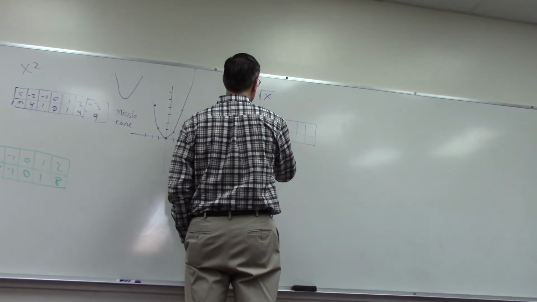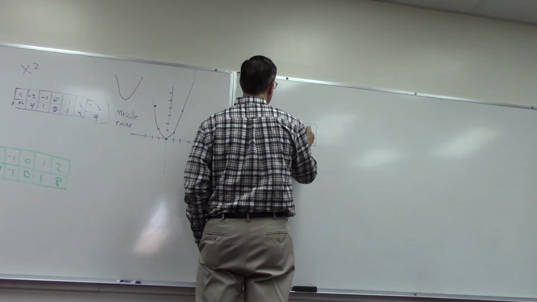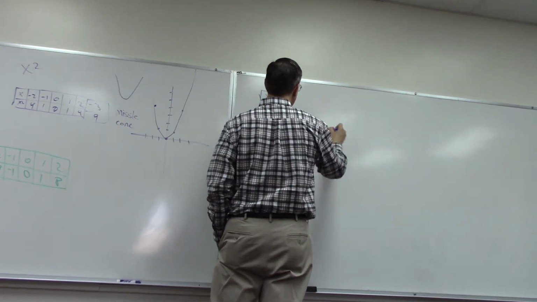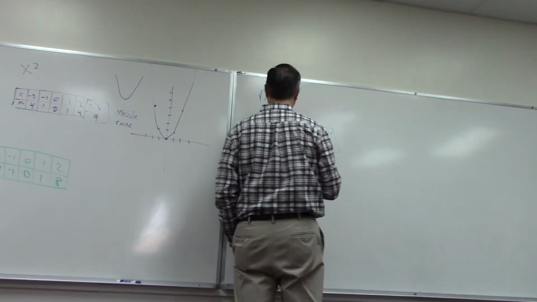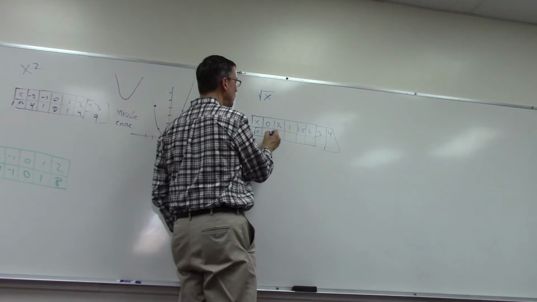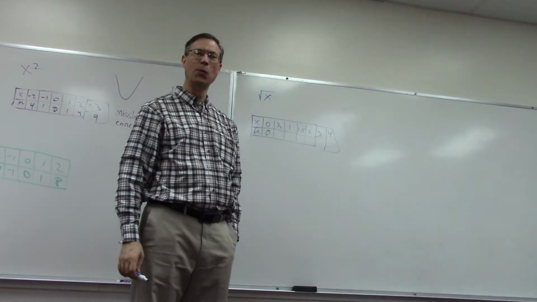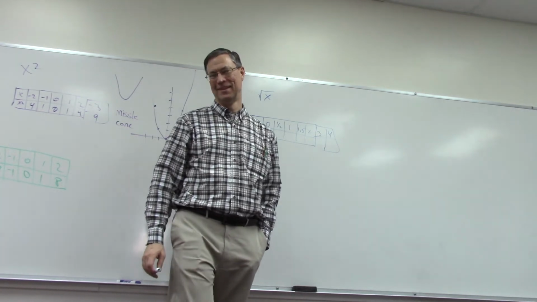Okay. 0, 1/2, 1, 1.5, 2, 3, 4. Okay. Square root of 0 is 0. Can I do the square root of a negative number? No. That's impossible until next year when we learn about imaginary numbers.